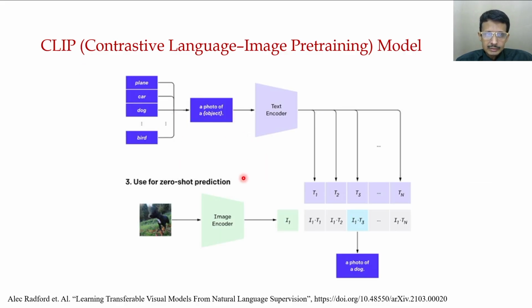And here you can see the use of zero-shot prediction with the image encoder, and using a prompt we can say this is basically an image of, a photograph of a particular object.